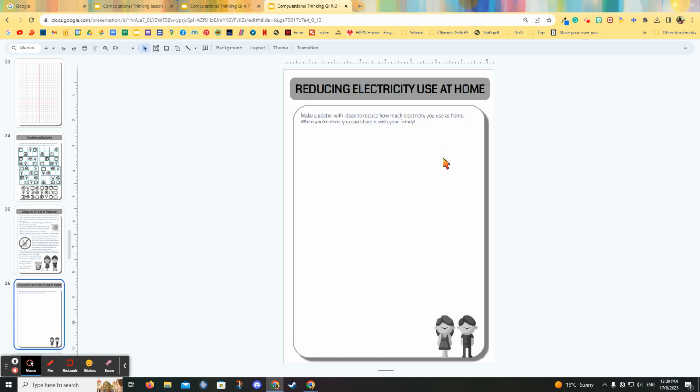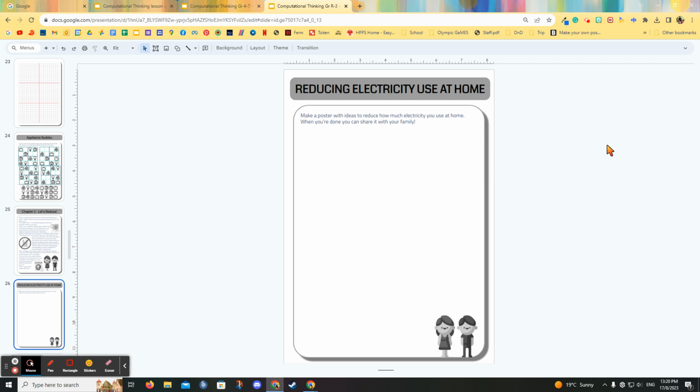They're going to make a poster on how to reduce electricity at home. Teachers can maybe come up with some ideas as a class, and then give each person, pair, or group a specific idea to work with on their poster.